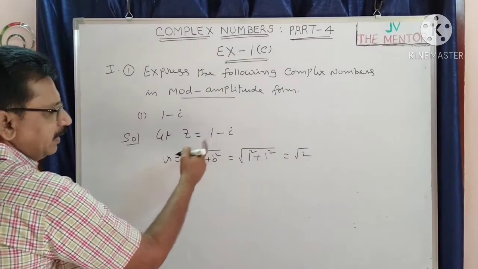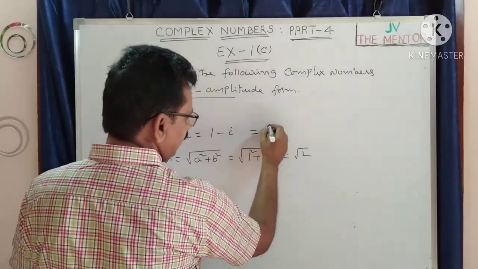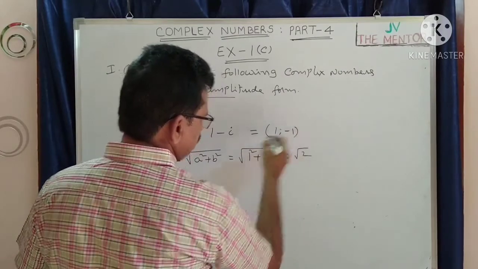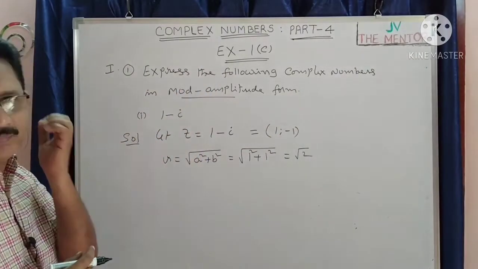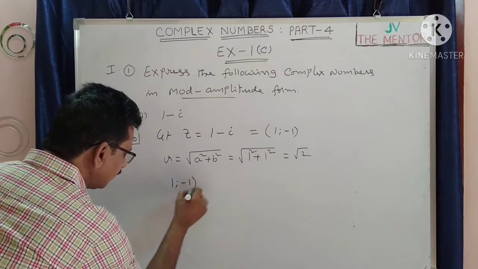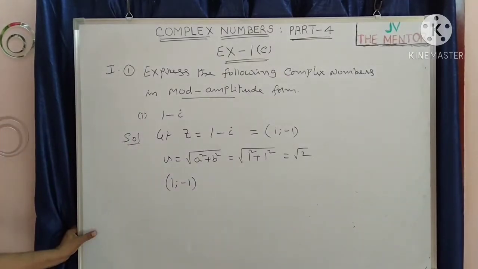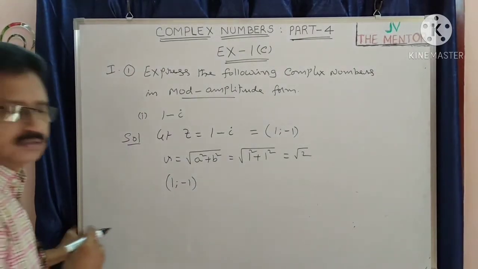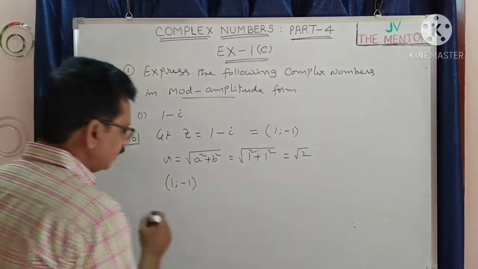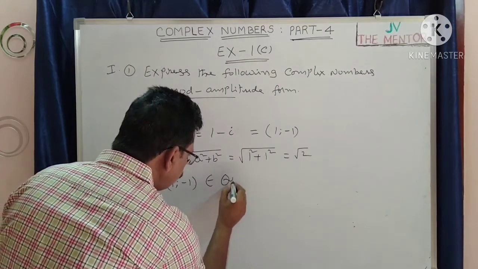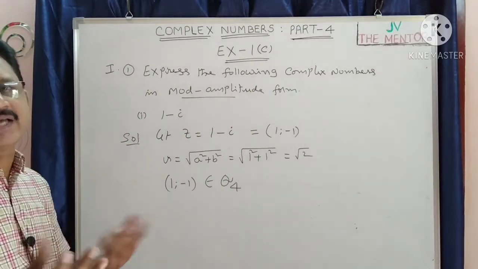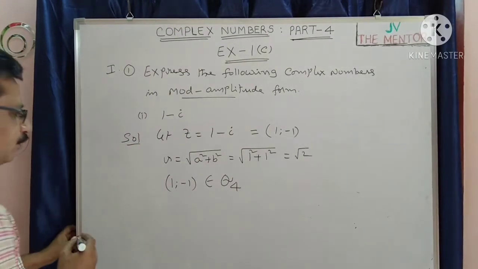Now 1 minus I can be written as the ordered pair 1 comma minus 1. Which quadrant does 1 comma minus 1 lie in? It lies in the fourth quadrant, Q4. In Q4, theta equals minus tan inverse b by a.